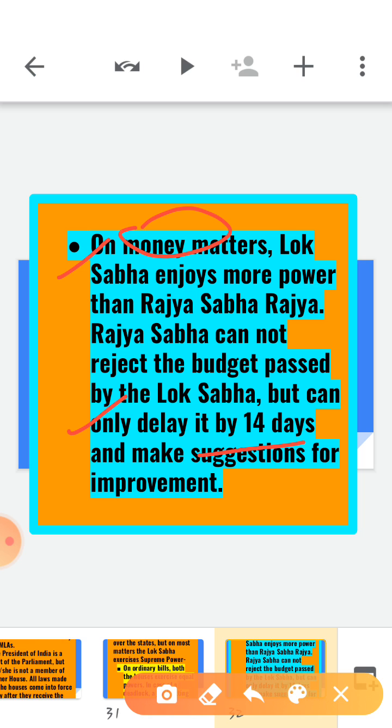Is it clear? A money bill is only introduced in Lok Sabha. The Rajya Sabha can delay this money bill only for 14 days or suggest changes in it, but the Lok Sabha may or may not accept these changes.